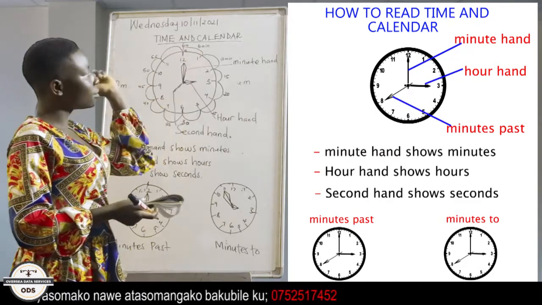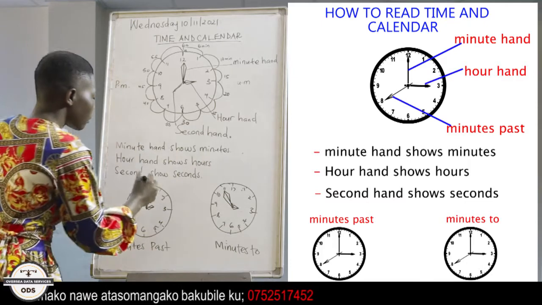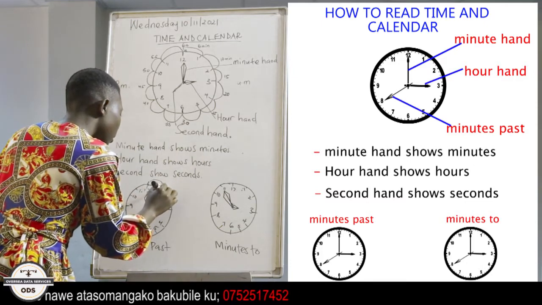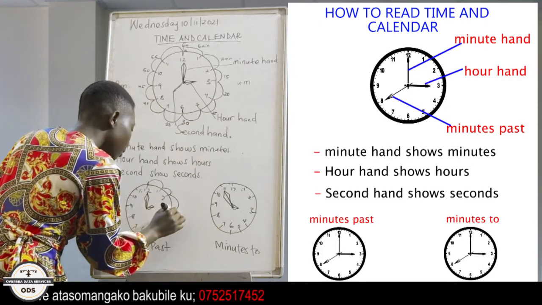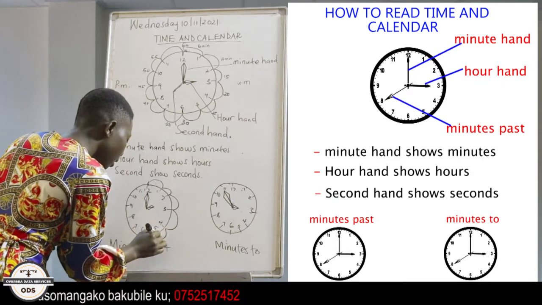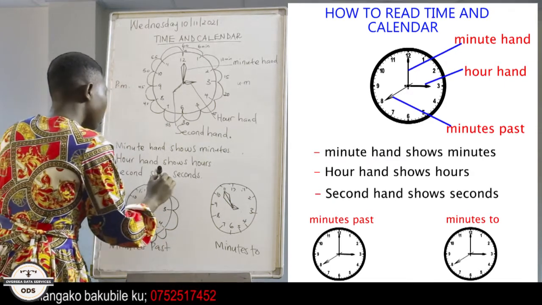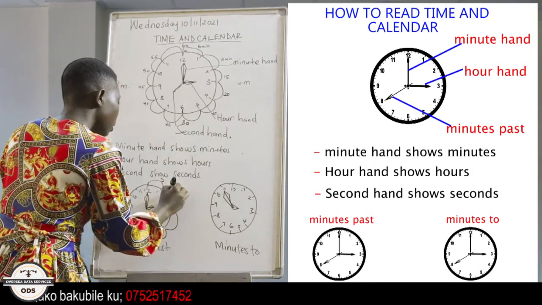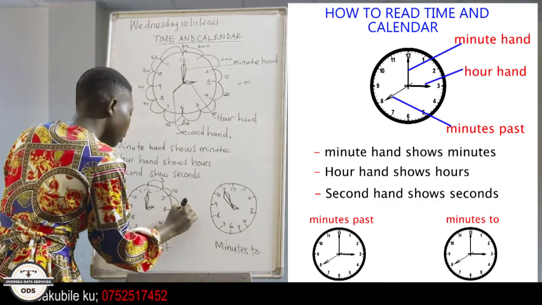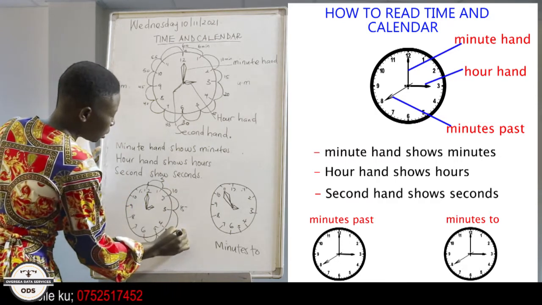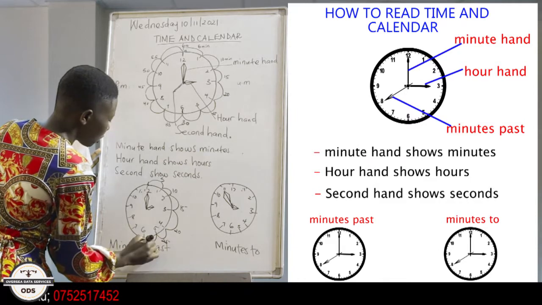Okay, as we have identified, in each step, when you're moving a step from maybe 12 to 1, that's 5 minutes. Let us first name them. The minutes which are here up to here. Here we have 5. Here we have 10, 15. Here we have 20, 25, and 30 here.